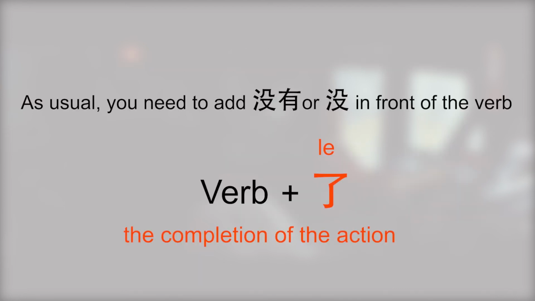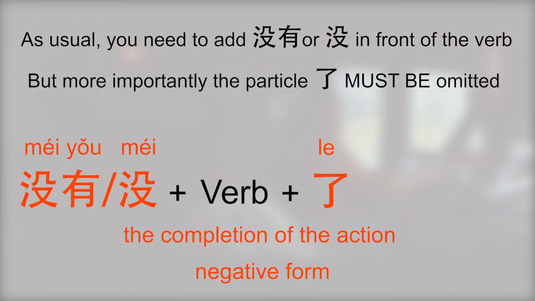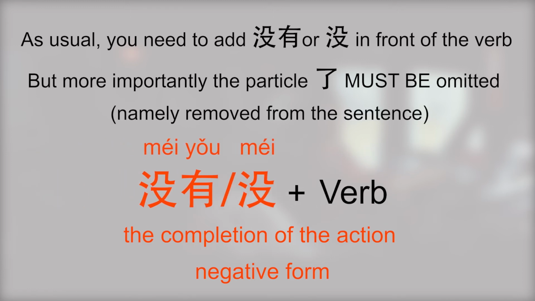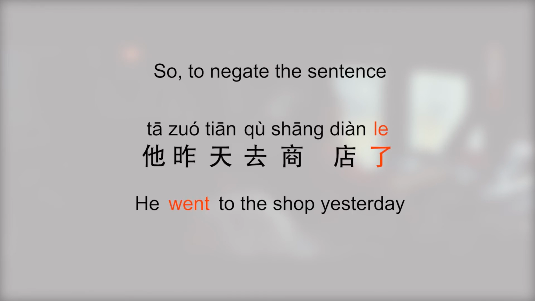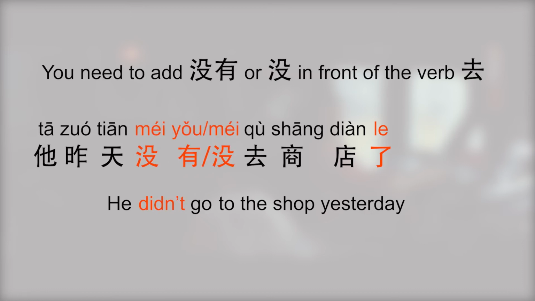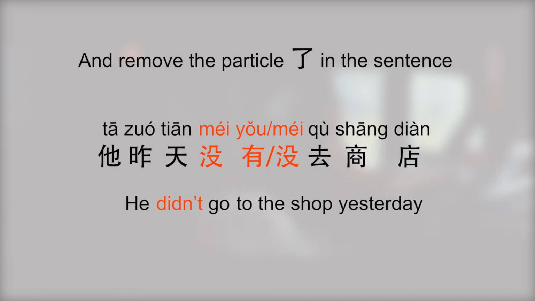As usual, you need to add 没有 or 没 in front of the verb. But more importantly, the particle 了 must be omitted, namely removed from the sentence. So, to negate a sentence, 他昨天去商店了, you need to add 没有 or 没 in front of the verb 去 and remove the particle 了 in the sentence.